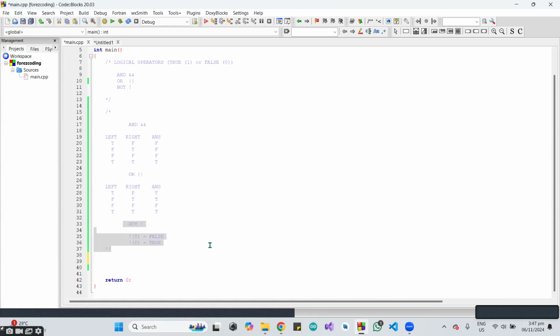For the NOT operation, if the final answer is true and we have NOT before the parentheses, it converts the final answer to false. Again, if the condition turns out true and there is NOT before the parentheses, the true answer is converted into false.